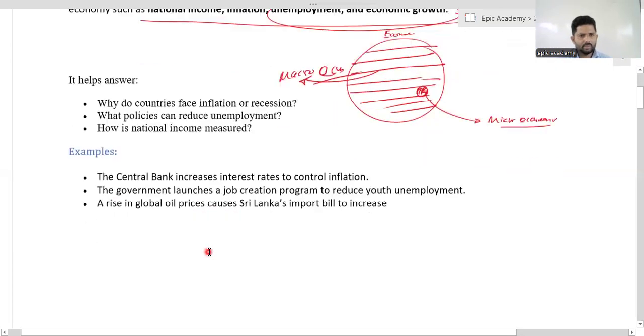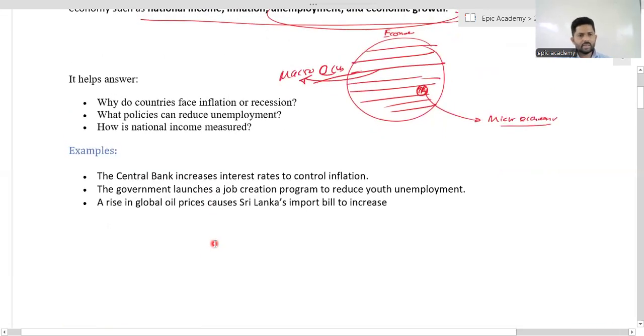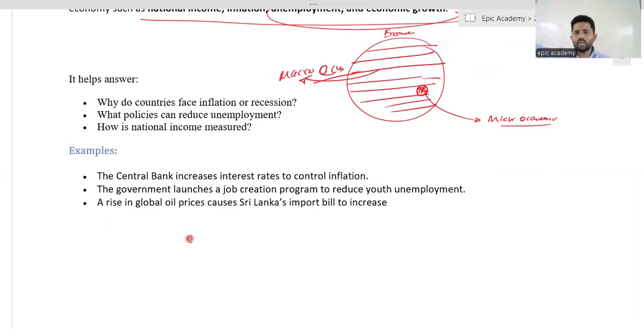As an example related to macroeconomics, the central bank increases the interest rate to control inflation. Inflation describes the prices of all commodities exchanged in the economy. It describes the behavior of each and every commodity.